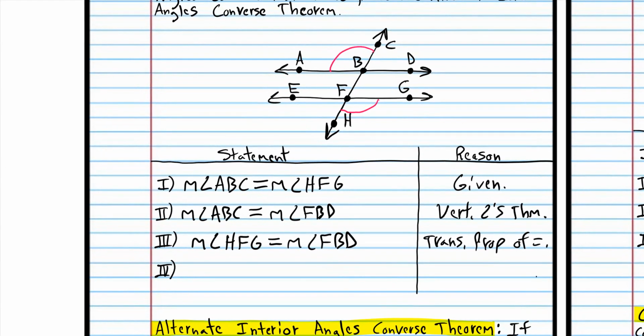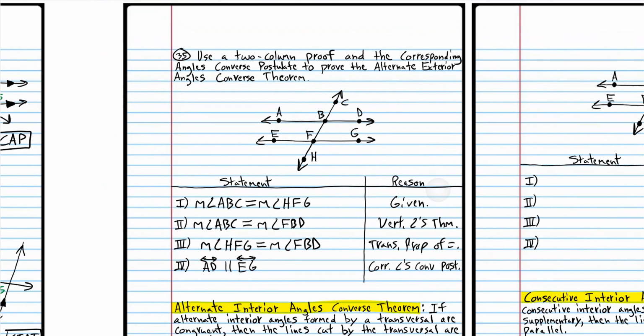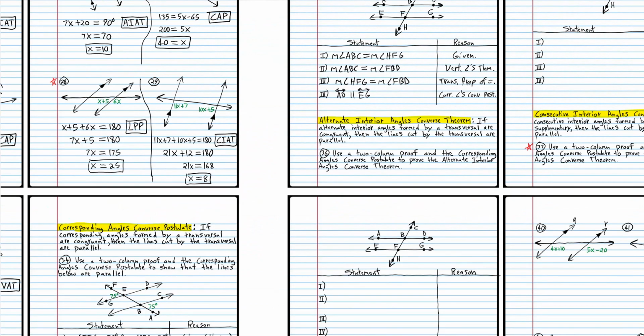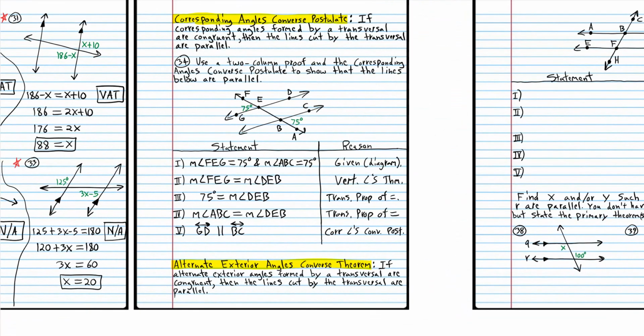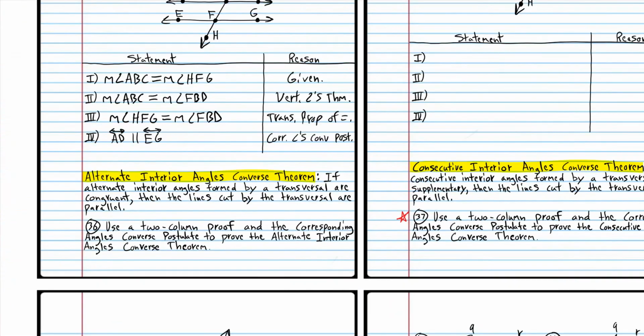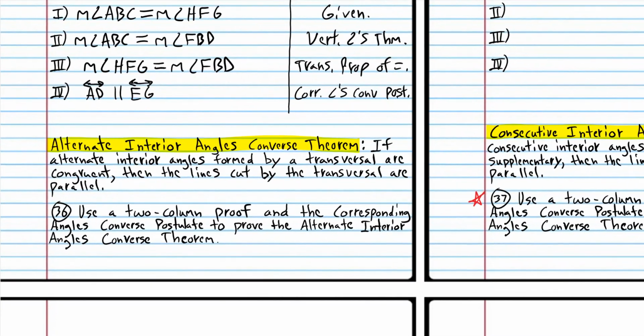But by the corresponding angles converse postulate, we know that those lines must be parallel. So AD is parallel to EG. All right, so again, we just proved the converse of the alternate exterior angles theorem. So now I want you to prove the converse of the alternate interior angles theorem.